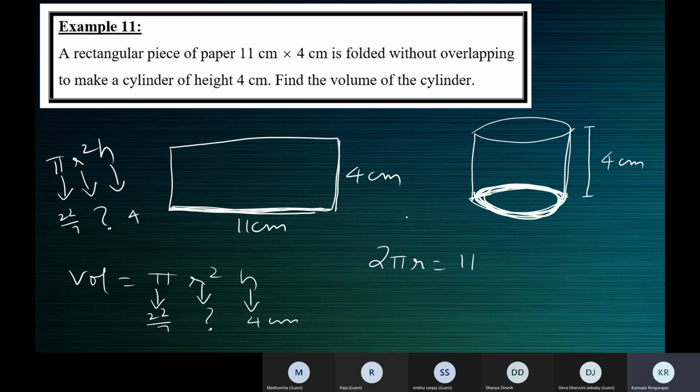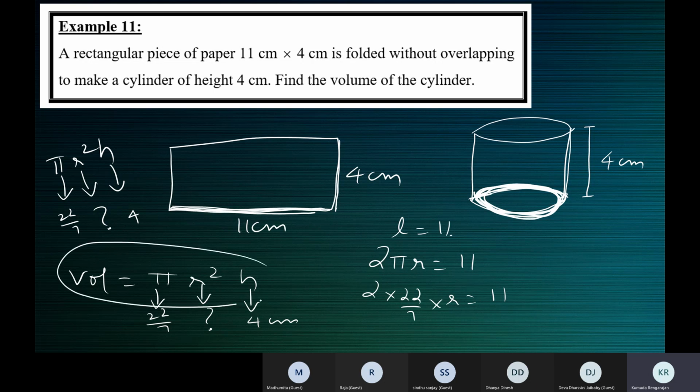Why 2 pi? What is 11? Length is 11. Length of the rectangle is 11. For the circle, 2 pi r is 11. So 2 into 22 by 7 into r is equal to 11. Using this, you can find the value of r. Once you find the value of r, use it here in the formula to find the volume of the cylinder.